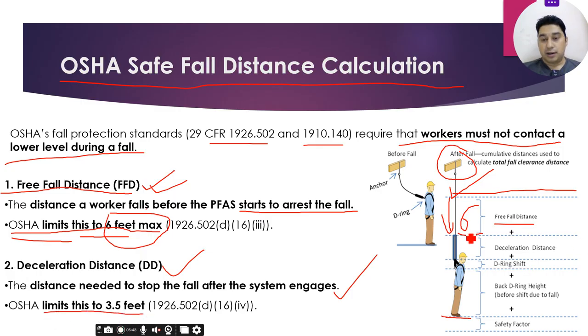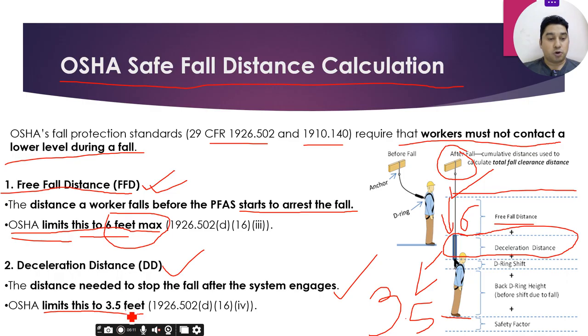Once the person falls here and comes to the deceleration distance, the person is completely stopped and will not fall down any more. When this complete stop happens, this length shouldn't be more than 3.5 feet, as per the OSHA requirement.